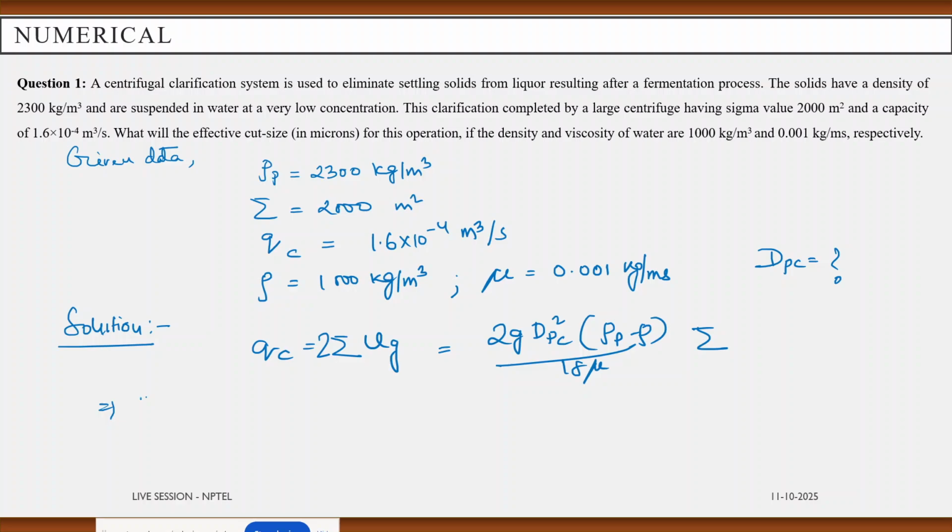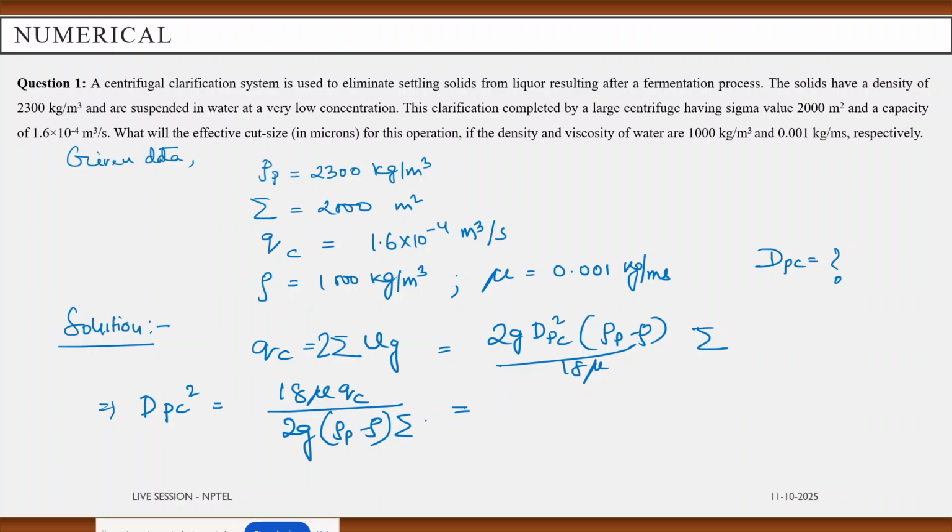So when you solve this equation, you will get dp square value as 18 mu Qc by 2g (rho p minus rho) into sigma.